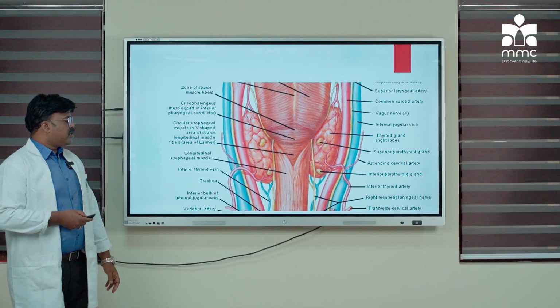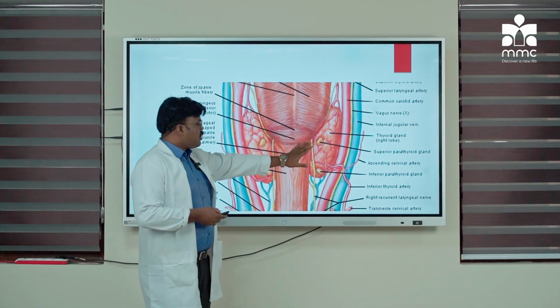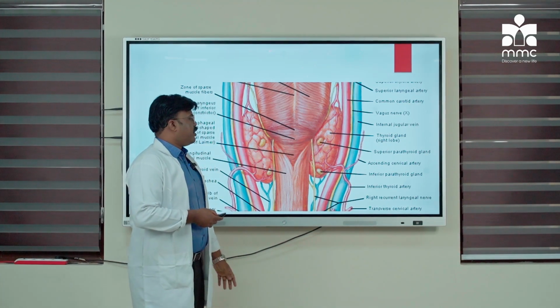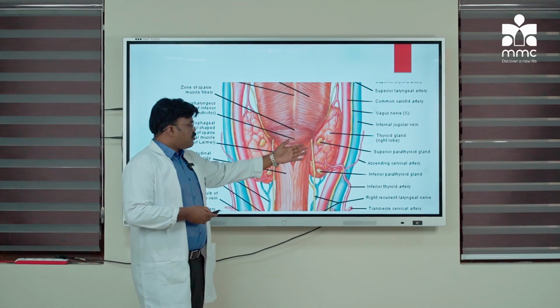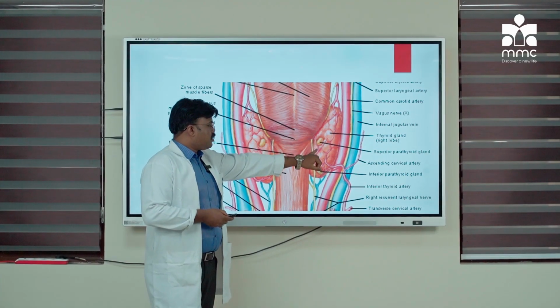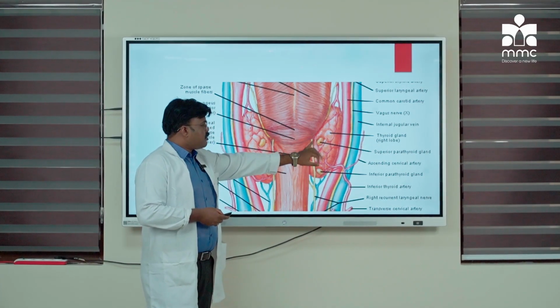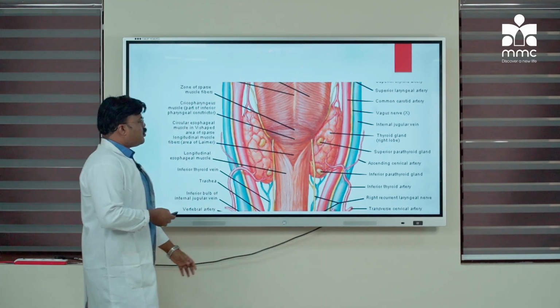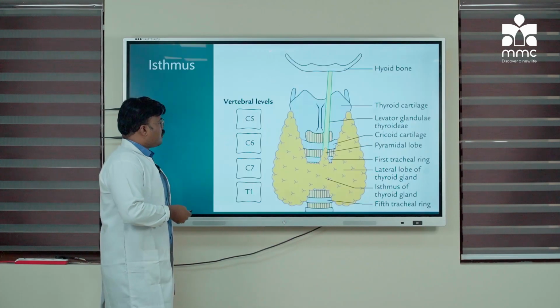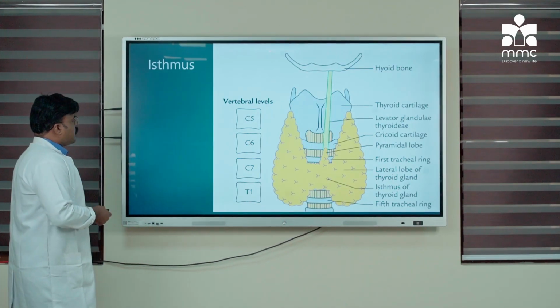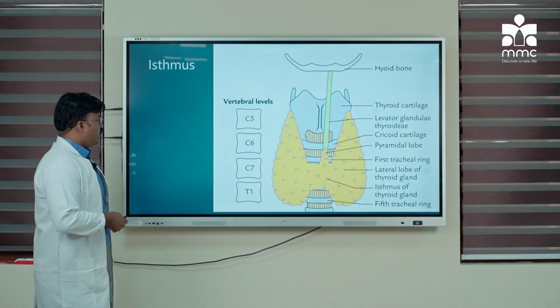The parathyroid glands are almost adherent to the posterior border, and during thyroidectomy the surgeon should be careful to remove the thyroid gland without removing the parathyroid glands. So that comes to the end of the lobes.